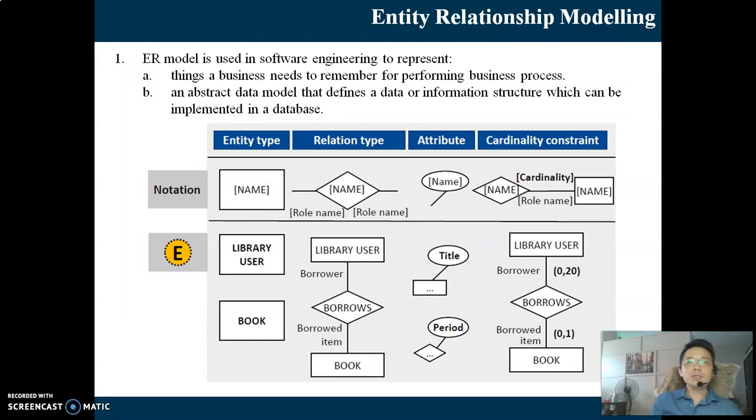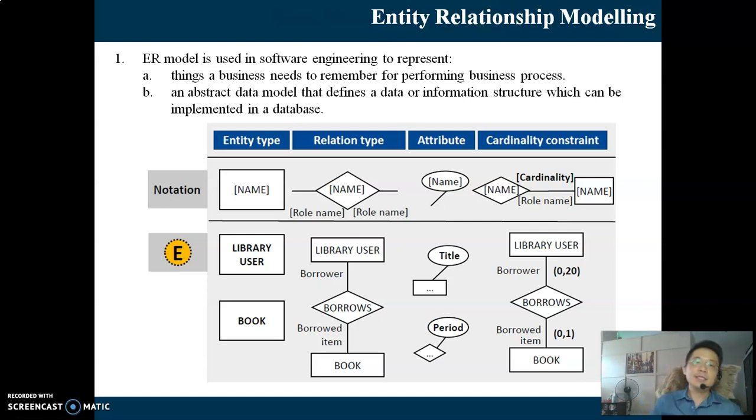Entity Relationship Model is commonly used in software engineering. You are probably aware of it from database classes. In database classes, you probably have used Entity Relationship Diagram to draft the structure for the tables to be used in database. Well, Entity Relationship Modeling and Entity Relationship Diagram are both the same thing.